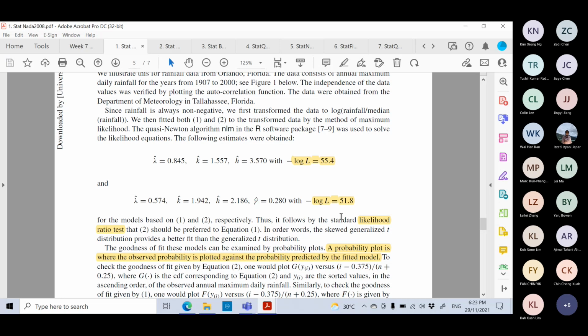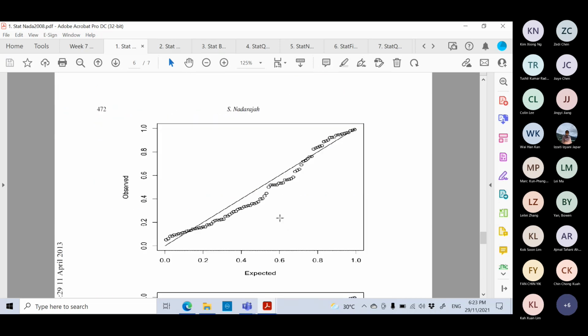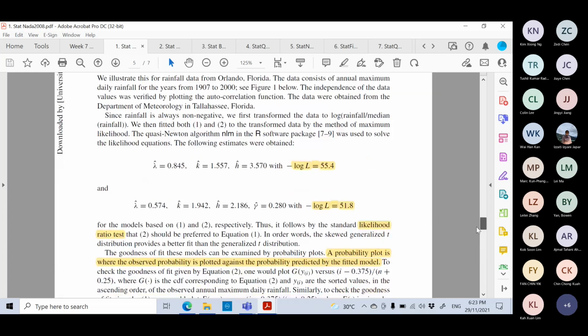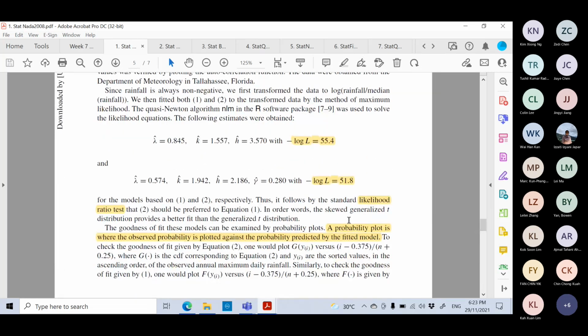Regarding the log likelihood ratio, they don't provide the calculation here, but they tell you that they did the log likelihood ratio test and report the result. After that, they also provide the probability plot.